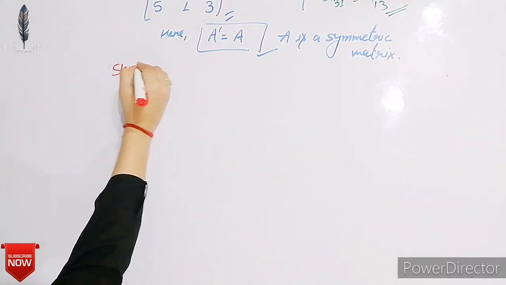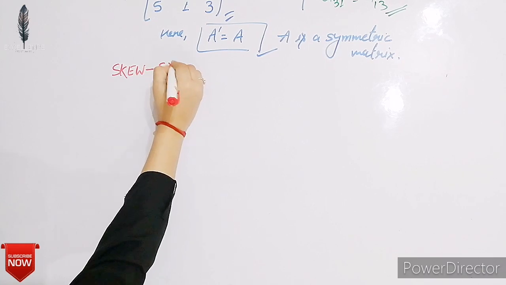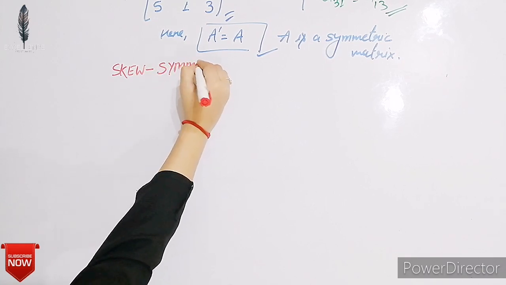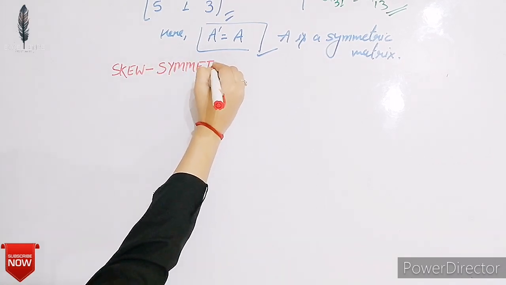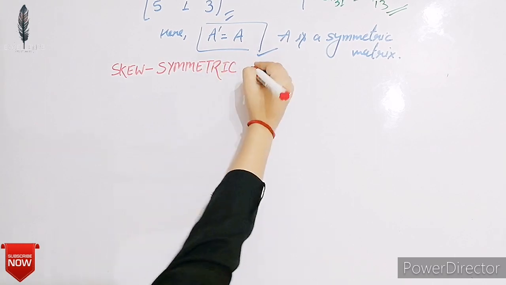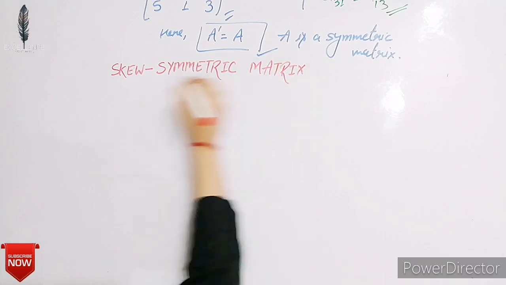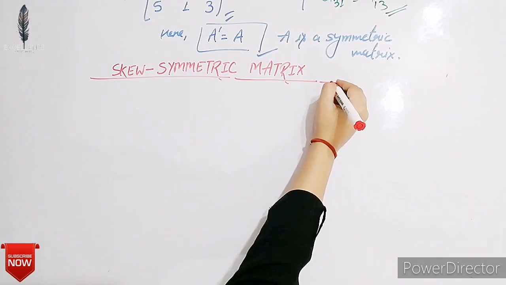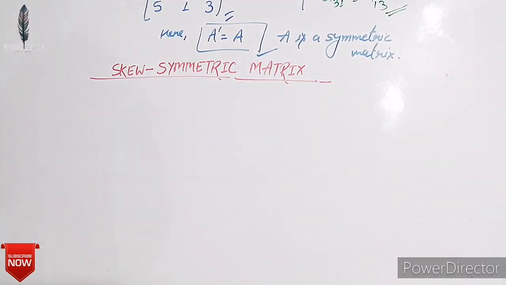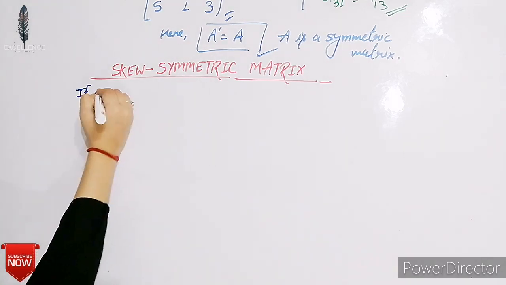Now let's see the next. Next is skew symmetric matrix. Simple है.